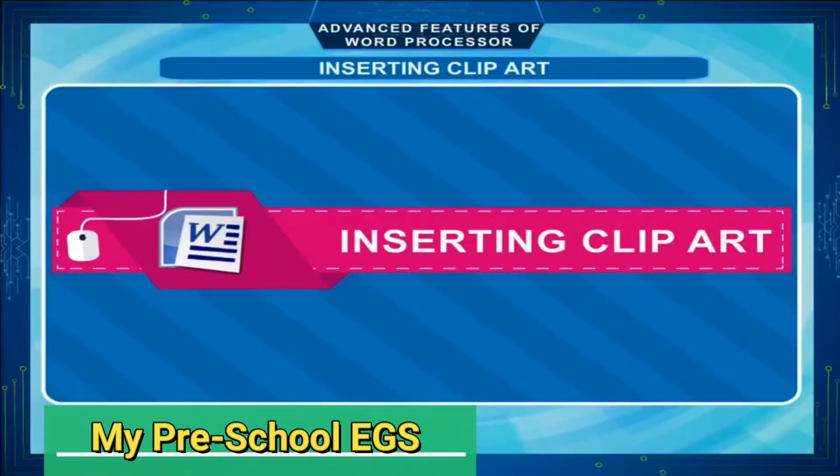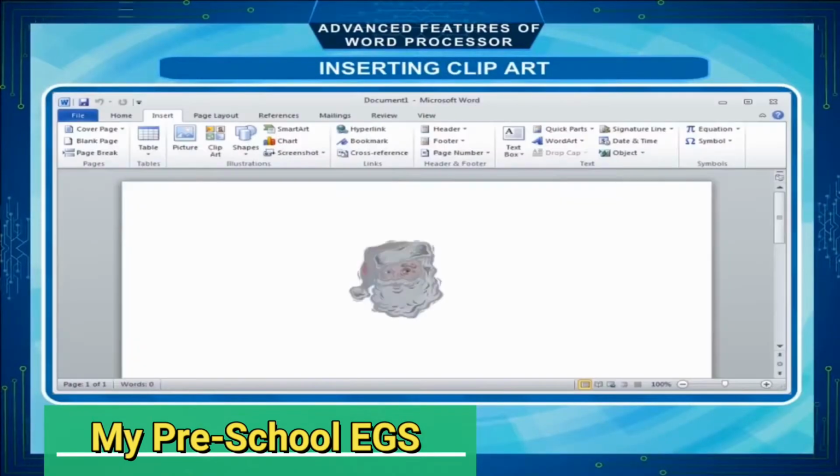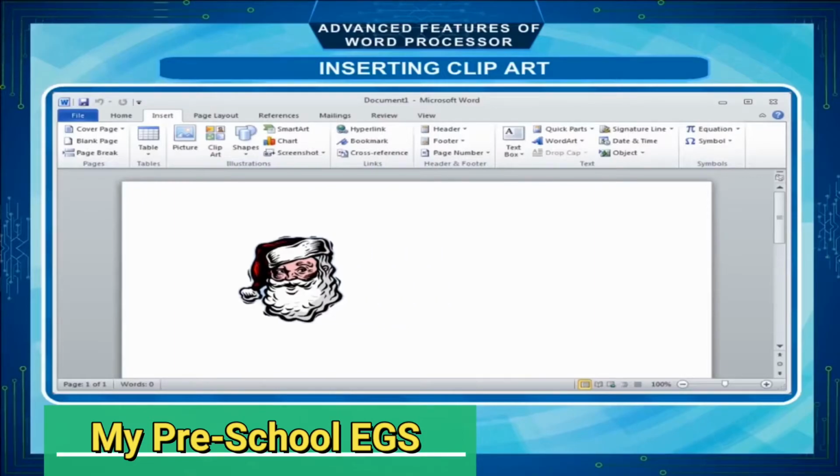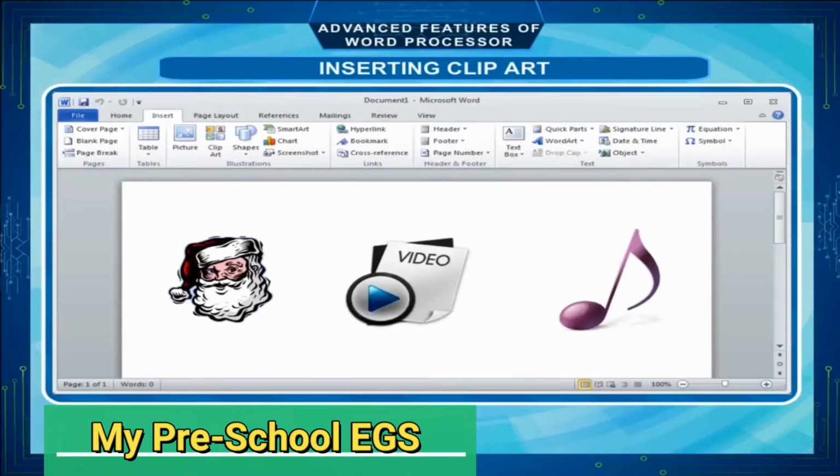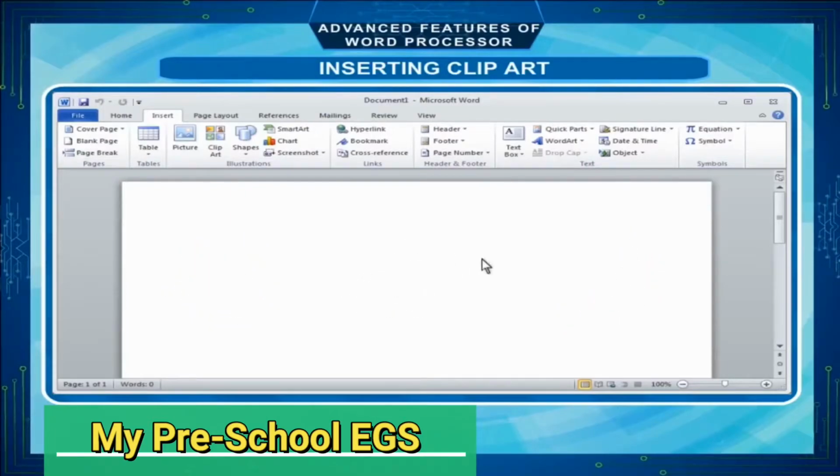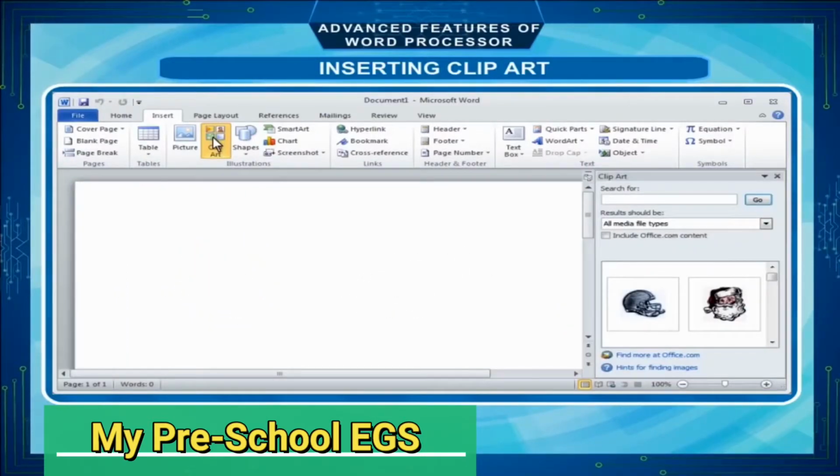Inserting clip art. Clip art is simply a collection of pictures that are ready to use. Clip art is a preloaded group of photographs, videos, and audio that can be inserted into a document. Select Clip Art from the Illustrations group on the Insert tab of the ribbon.